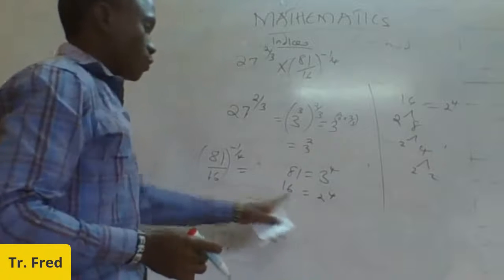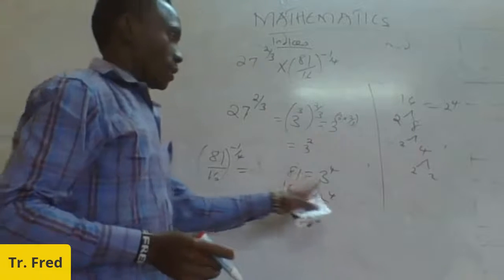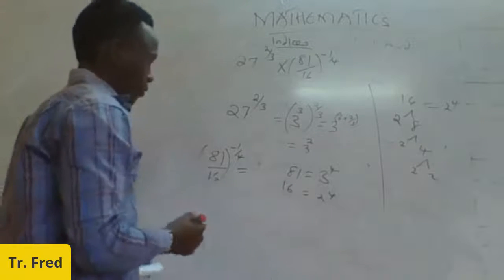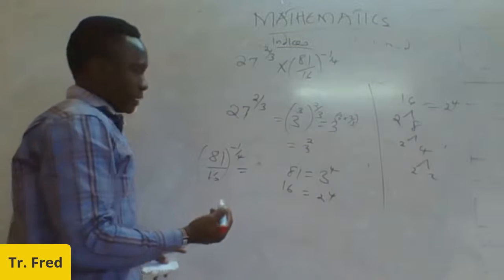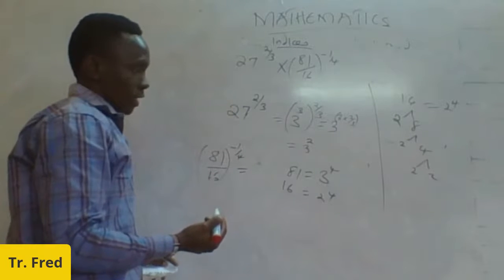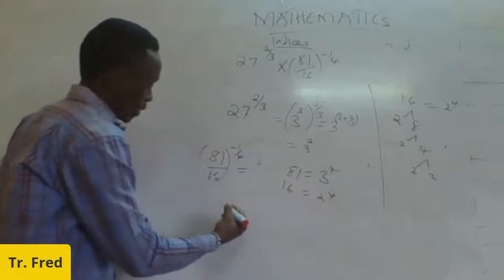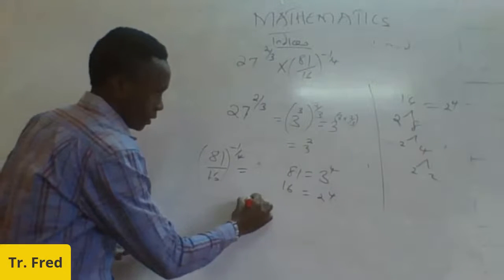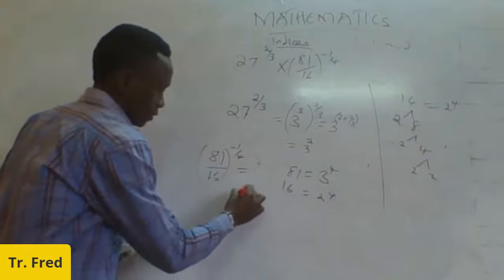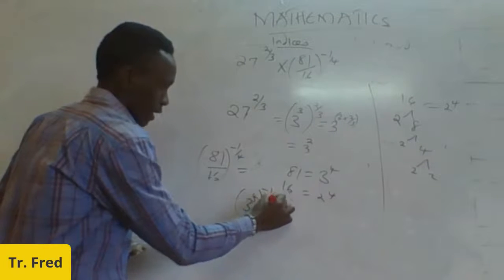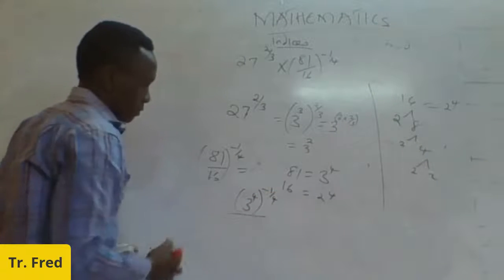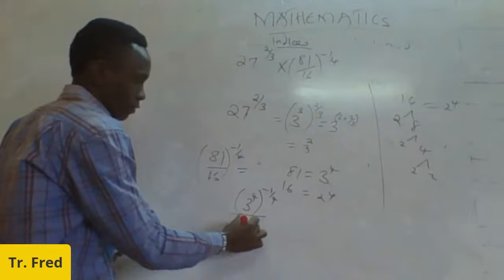Now that 16 is 2 power 4 and 81 is 3 power 4, we can write them again in terms of their prime numbers in power form. It is 3 power 4 over 2 power 4, in brackets, power negative a quarter.